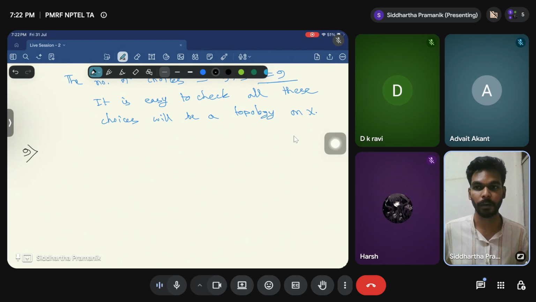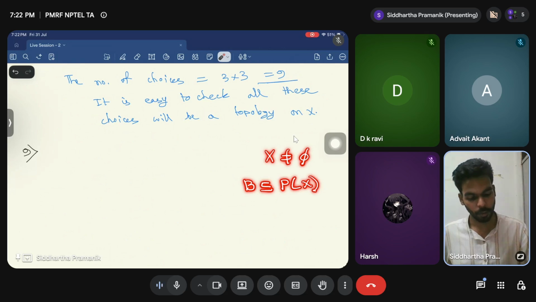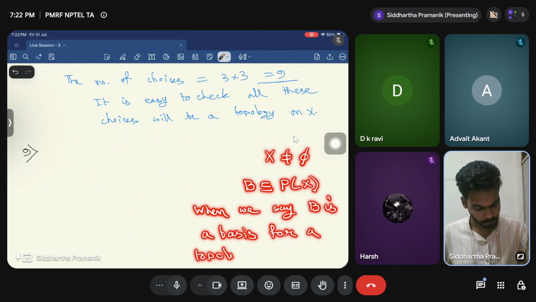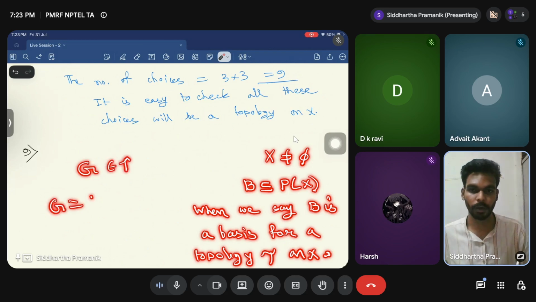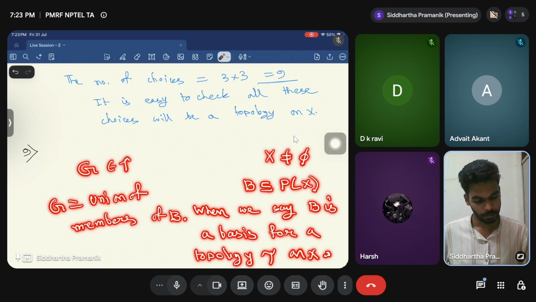So we have studied about basis for a topology, right? So if X is a non-empty set and B is a collection of subsets of X, then when we say B is a basis for a topology tau on X, the definition is: if you take an open set G from tau, then G has to be a union of members of B. So every open set has to be a union of the members of the basis.